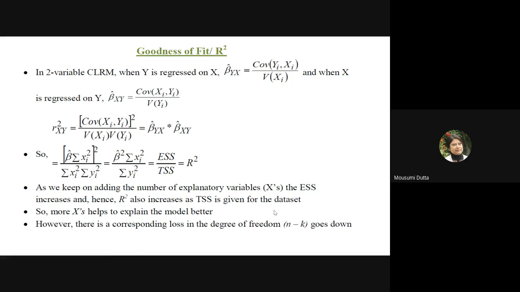If any part of the variation in yi cannot be explained by xi, in that case ESS will be absolutely equal to 0. The entire variation will be captured by the residual part, the unexplained part. Xi is not the right variable to explain yi. So the minimum possible value is 0, while the maximum possible value is 1.